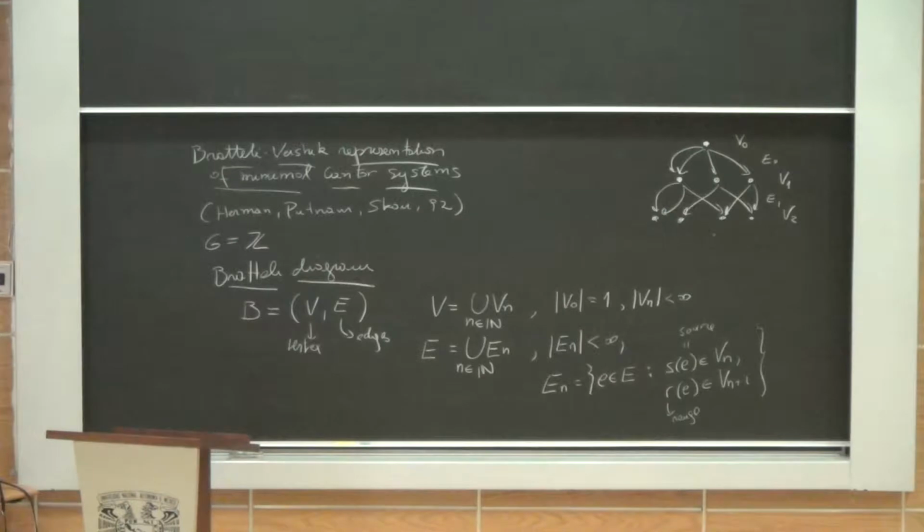And in the coordinate (v', v), you have the number of edges from v' to v. So this gives you a sequence of matrices with coefficients in the positive integers.